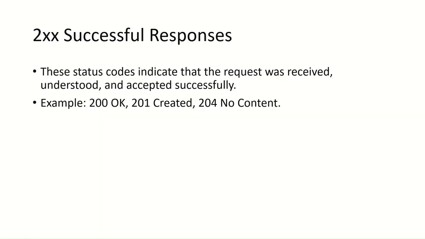Now let me go to the next slide and discuss the 2xx group of HTTP status codes, which is successful responses. These status codes indicate that the request was received, understood, and accepted successfully. So let's say I will again bring you the same example. Let's say you have developed an application. In that application, you have developed an API, and the client is going to use that API.